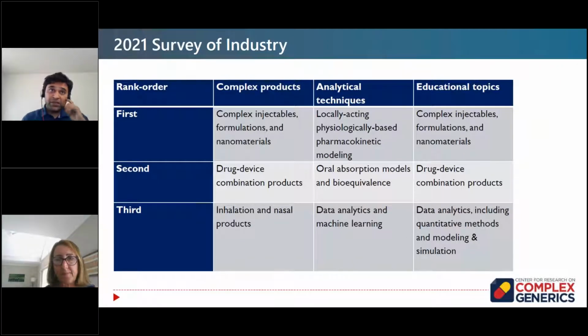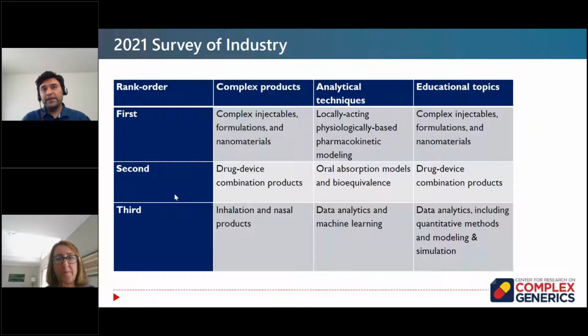As Ellen mentioned, this is a very nice survey which was recently done by the Center for Research on Complex Generics. As you can see here in the third column, analytical techniques. So actually in all the three, first, second, and third priority is actually modeling, starting with the PBPK modeling for locally acting drugs.